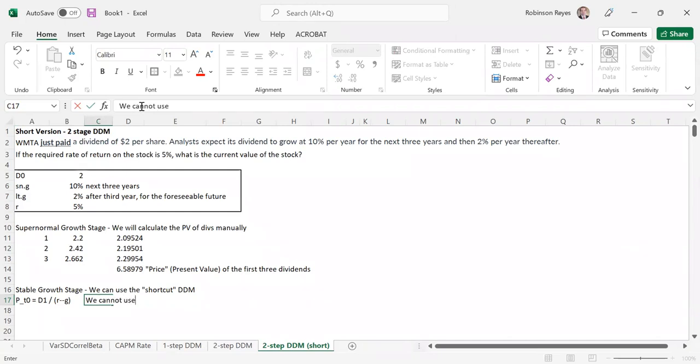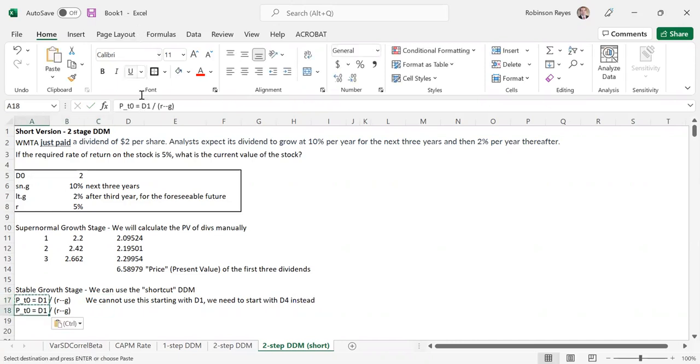We cannot use this starting with D1. We need to start with D4 instead.